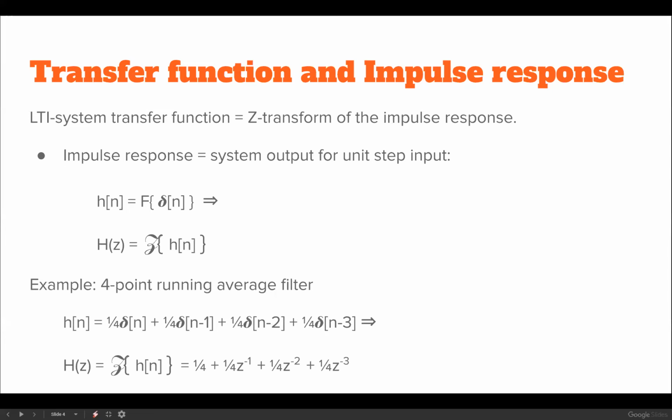Then you can calculate the Laplace transform of the output, which is then a little bit tricky to get back to the signal. But anyways, in the digital domain, it's a little bit easier since we are dealing with impulses instead of steps, and system output for unit step input.